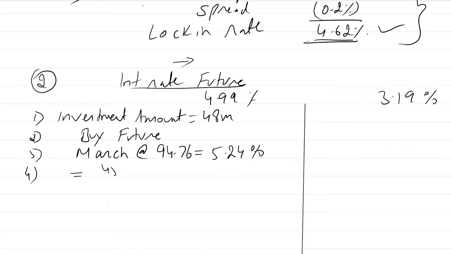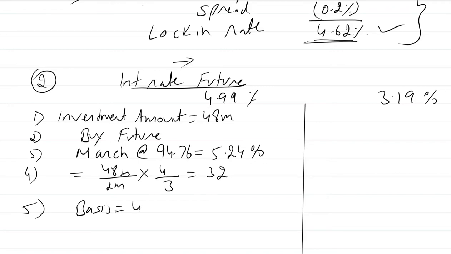Okay, next step is number of contracts. Formula is amount of investment over the contract size into time of investment or borrowing divided by 3. It will be 32. Fifth, calculate the basis. Current LIBOR or current spot is 4.09% minus opening future 5.24%.